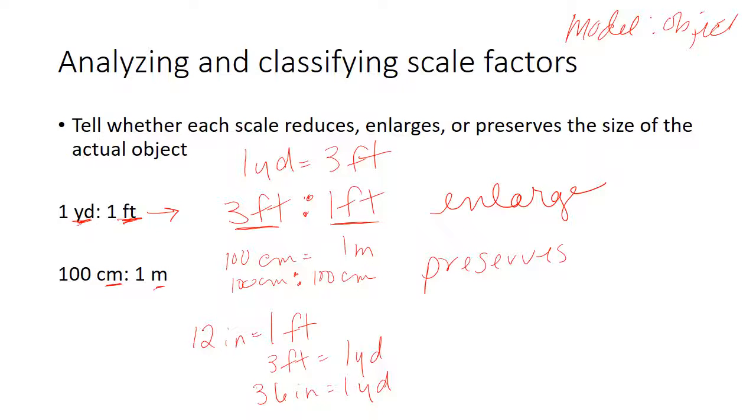So we could say that 1 inch, in proportion to 36 inches. So this one's small, and this one is larger. So the model is small and the object is large, so this would be a reduction.